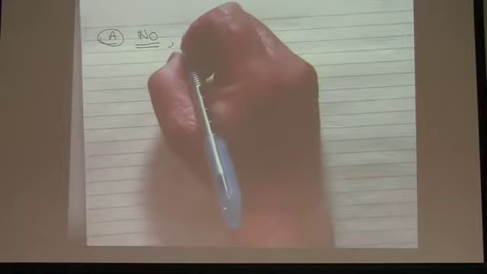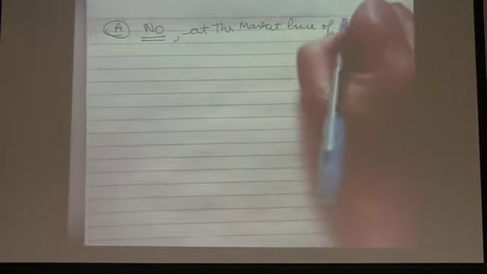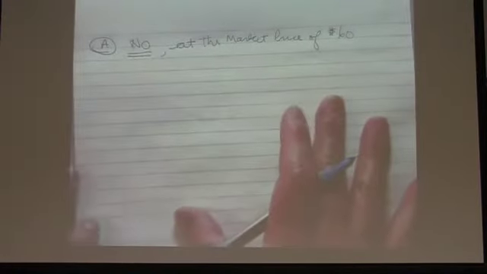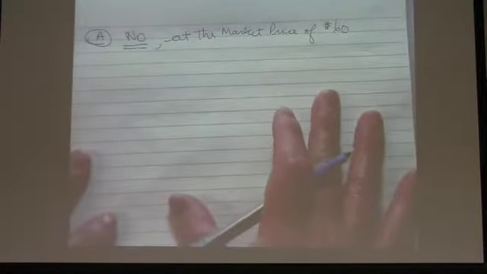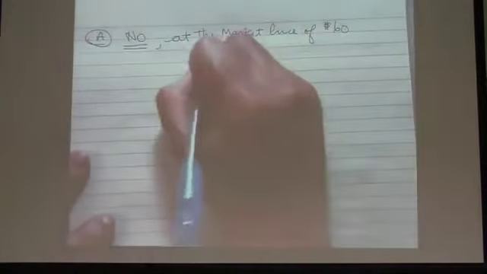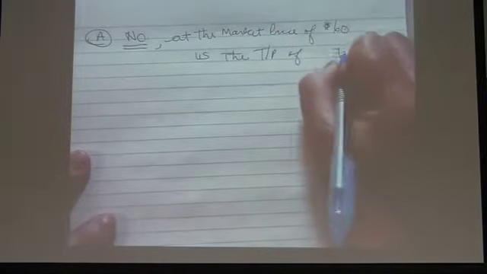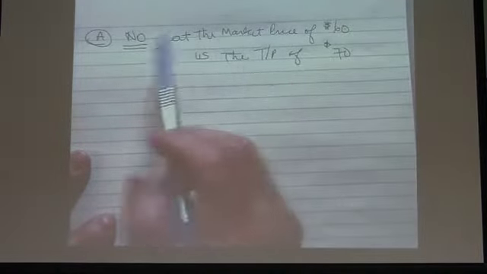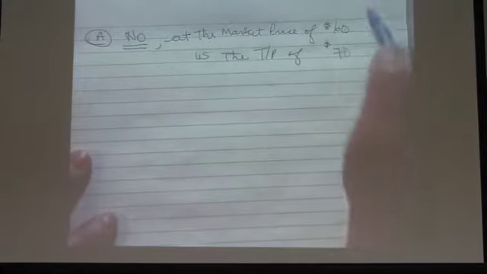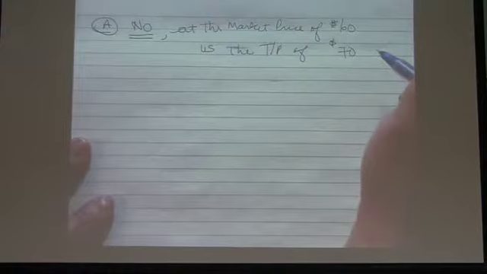Because at the market price of $60 versus the transfer price of $70. In other words, think about it. The buying division will buy it for $60 in the market, but then the transfer price is $70.